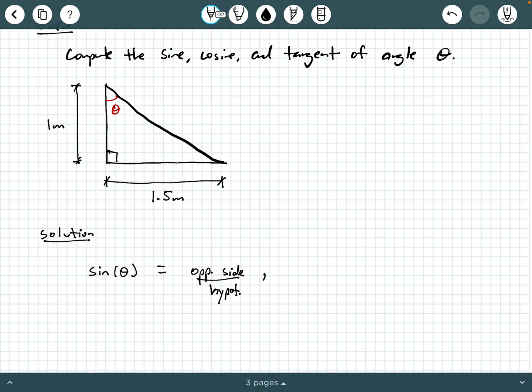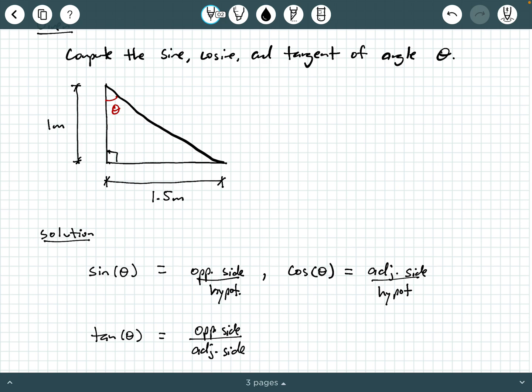And then the cosine of an interior angle of a right triangle, in this case cosine theta, is going to be equal to the adjacent side divided by the hypotenuse length. And then the tangent of an interior angle is equal to the opposite side divided by the adjacent side of that right triangle.